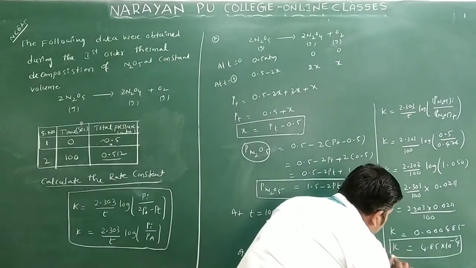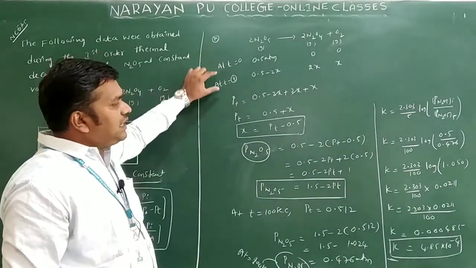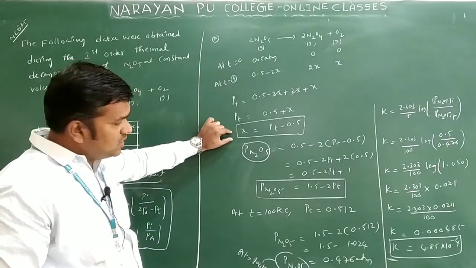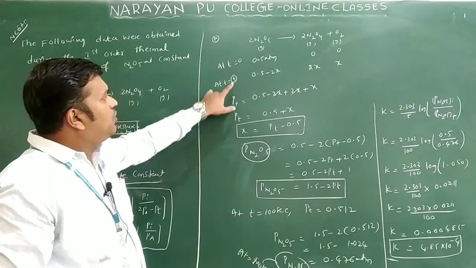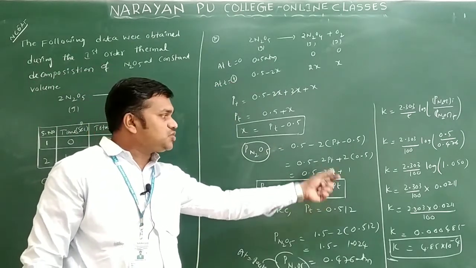What is this? This is the rate constant for the reaction. You are taking the initial condition and the time at 100 seconds that they give. From the first case you find x, and by substituting this x in the partial pressure of N2O5 you get one expression, 0.5 minus 2 into P total.